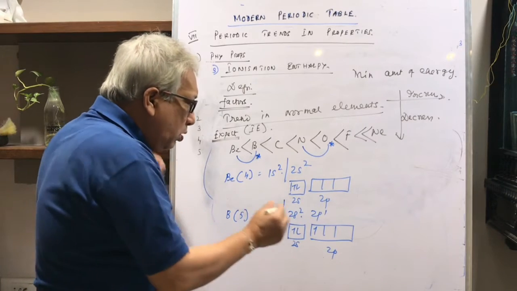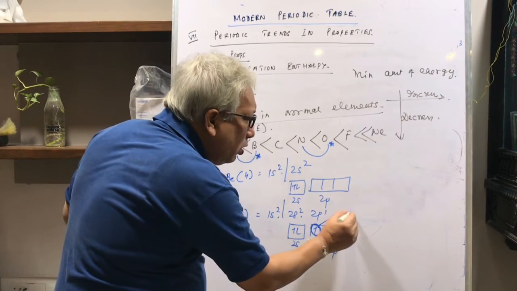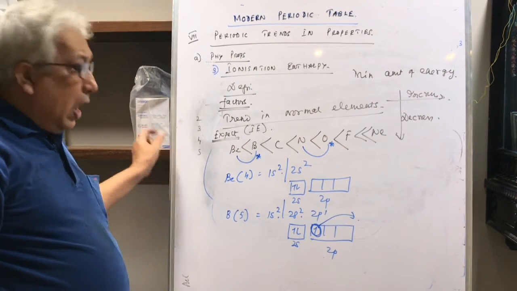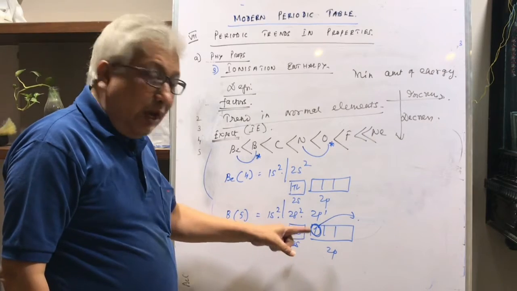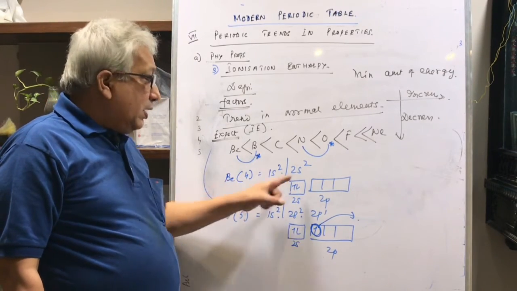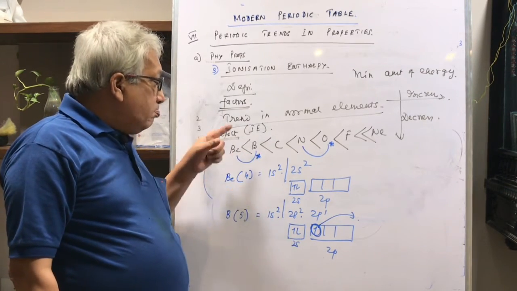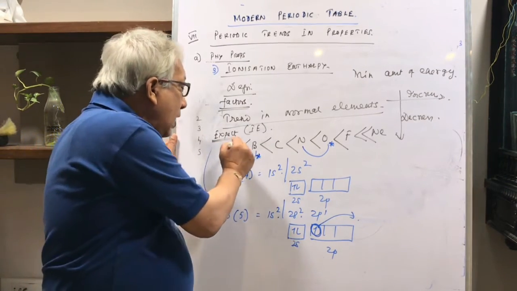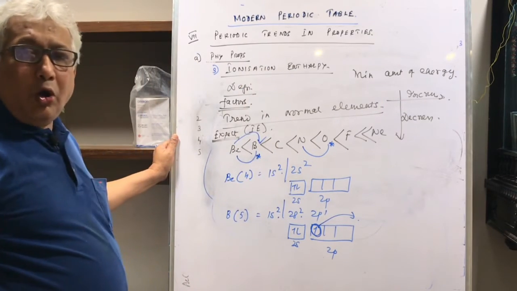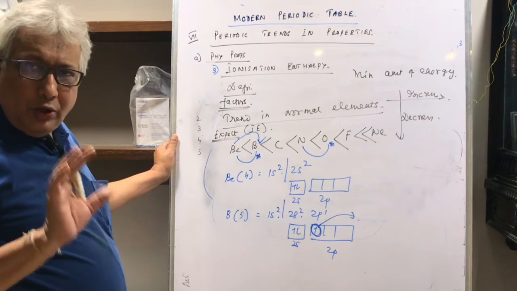So boron will be very casual about this electron, and it can be lost very easily. In comparative terms, the energy required to remove the electron from boron will be lesser than in the case of beryllium. That is why beryllium has higher ionization enthalpy than boron, or boron has lower ionization enthalpy than beryllium. I hope you got that point.